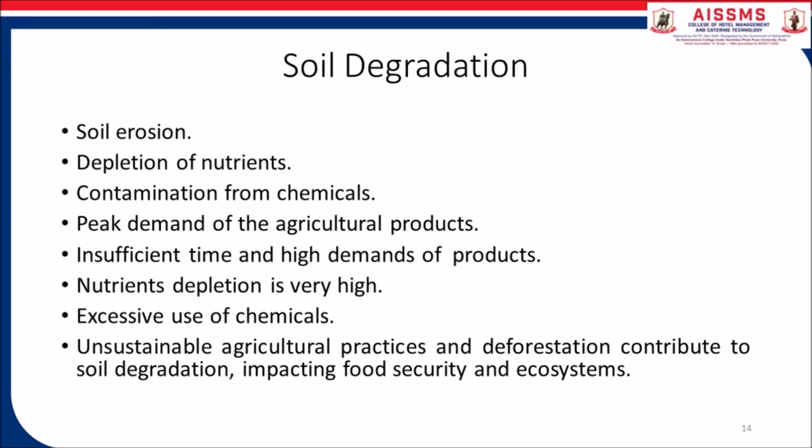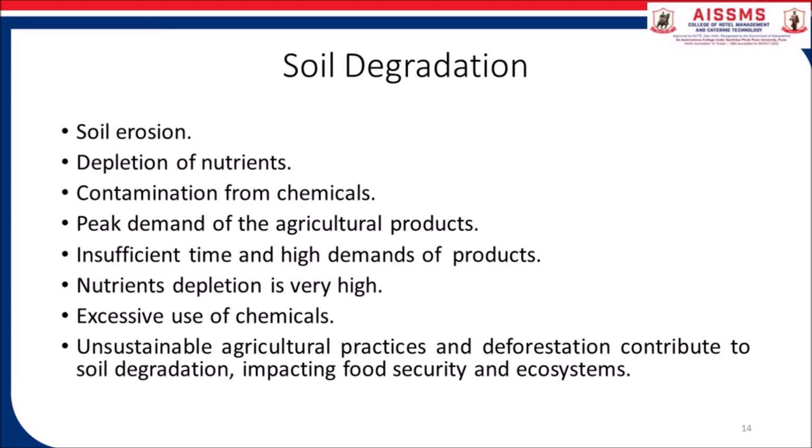The degradation of soil is due to the peak demand for agricultural products by human beings, which has resulted in overexploitation of various natural resources. Due to insufficient time and high demand for these products, nutrient depletion is very high.